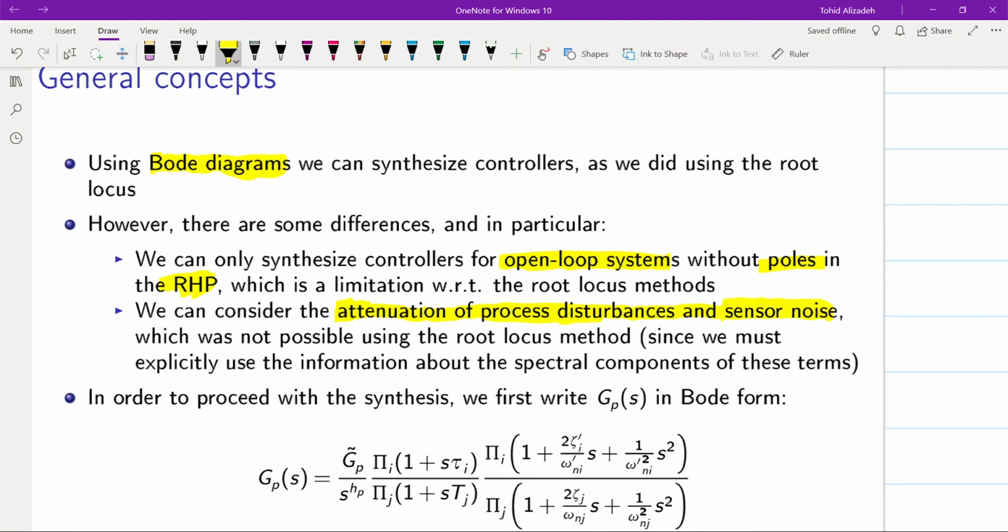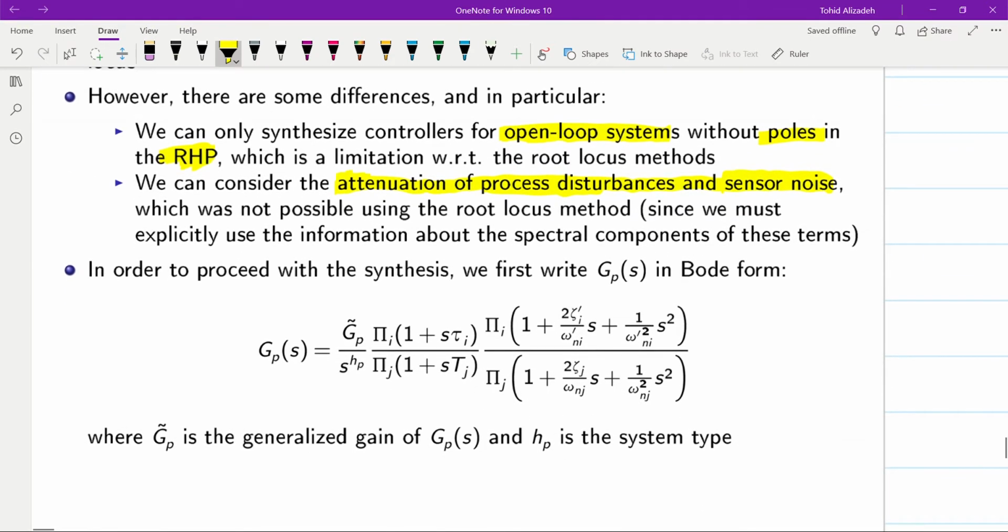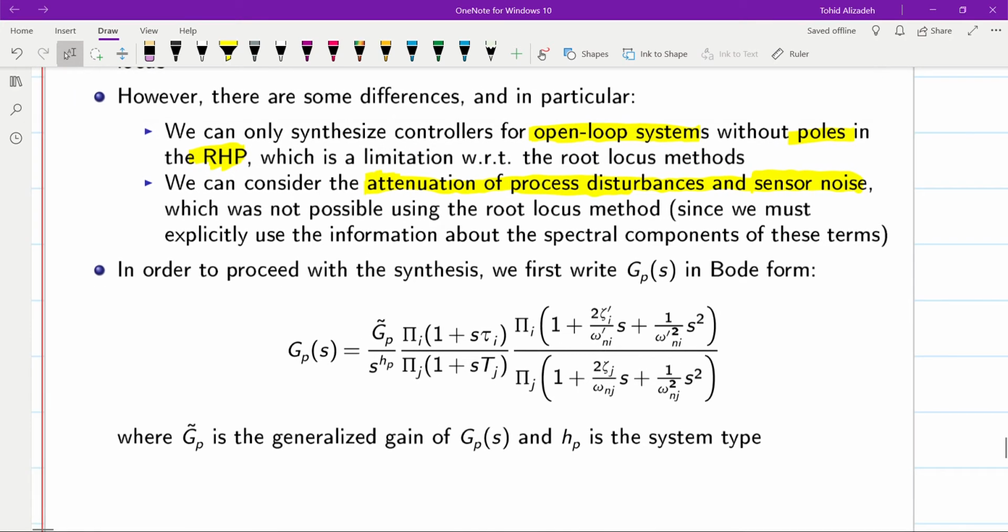This is something that we didn't have in designing the controllers using the root locus approach. So this shows the strength of designing controllers using the Bode diagram. These two are the main differences in terms of the capabilities of the controller design.